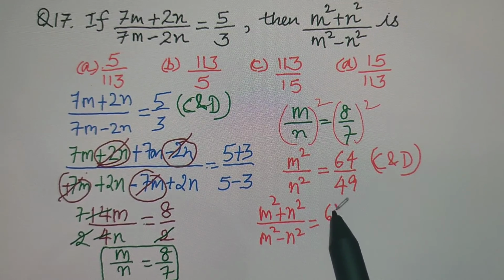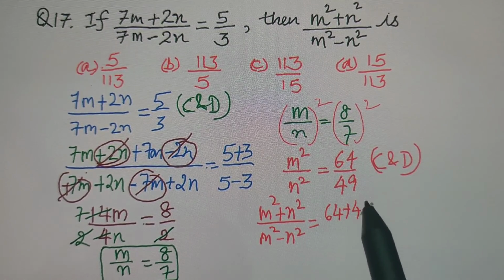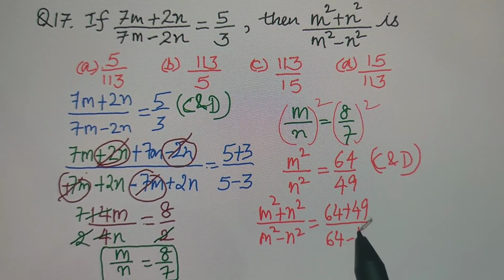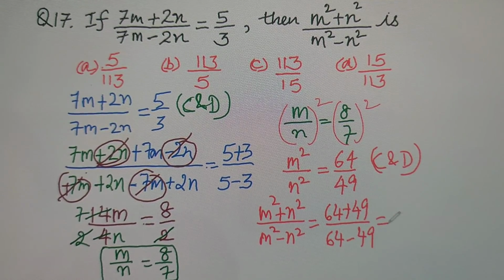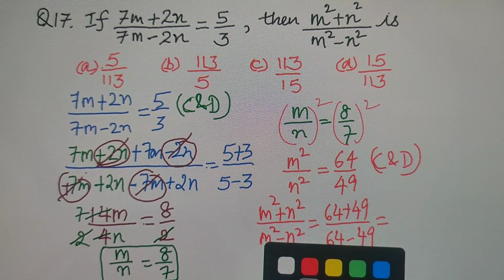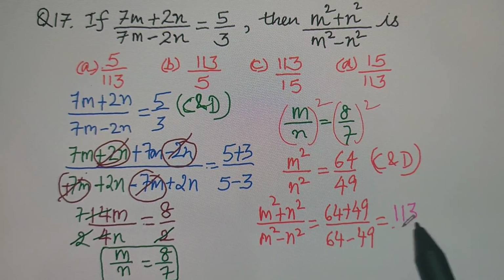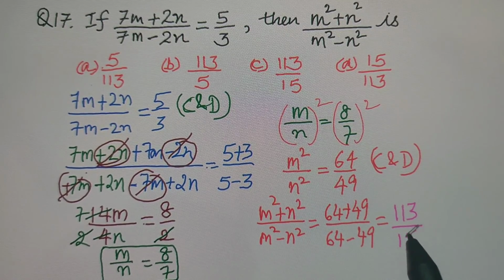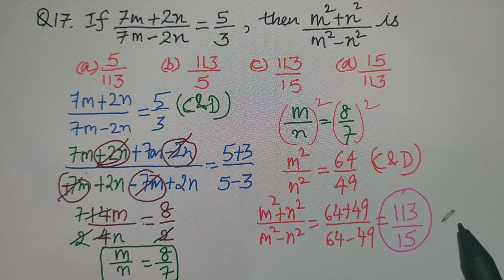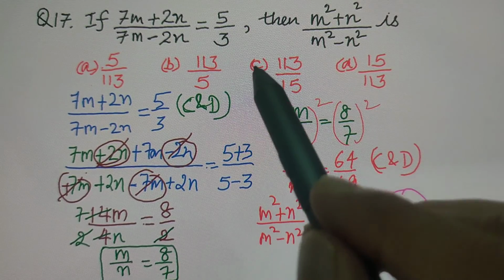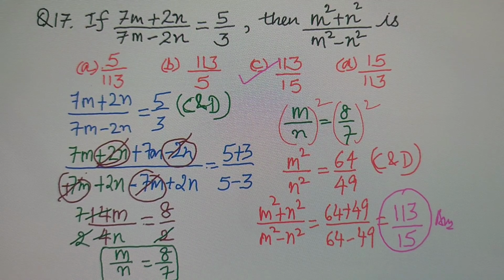Similarly here I get 64 plus 49 upon 64 minus 49. Fine. If I add this, I will get 113 upon 15. So this is my answer. Looking into the options, option C is the right answer.